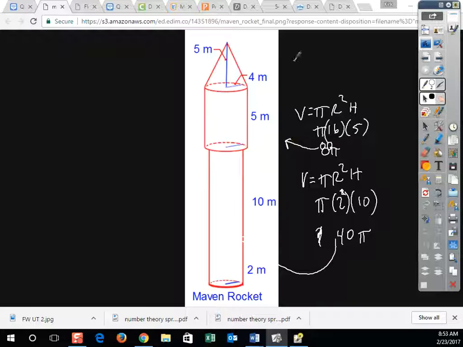And then up here we have the volume of a cone, which is 1/3 pi r squared h. So we have, again, 1/3 pi times 16 times the same height of 5. So we have 1/3 of 80.